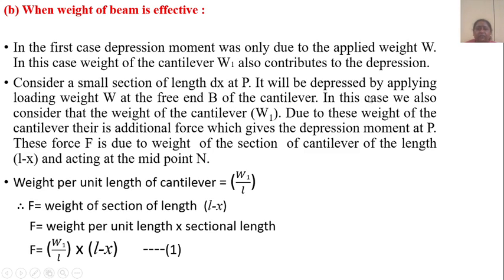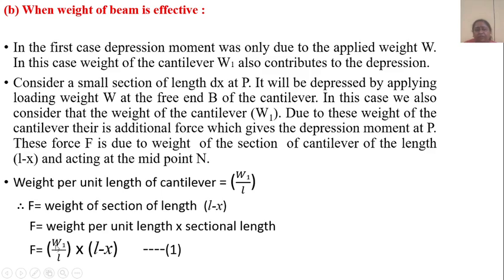In this case, we also consider the weight of the cantilever W1. Due to the weight of the cantilever, there is an additional force which gives a depression moment at P, and this force F is due to the weight of the section of cantilever of length L minus x, acting at the midpoint N. Now, weight per unit length of cantilever is equal to W1 upon L. So, F equal to the weight of the section of length L minus x, which is weight per unit length into sectional length.